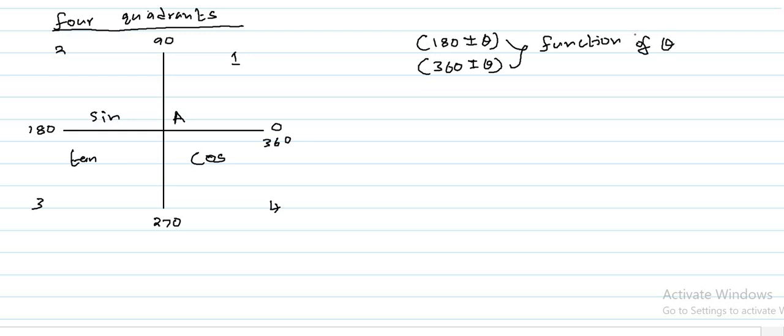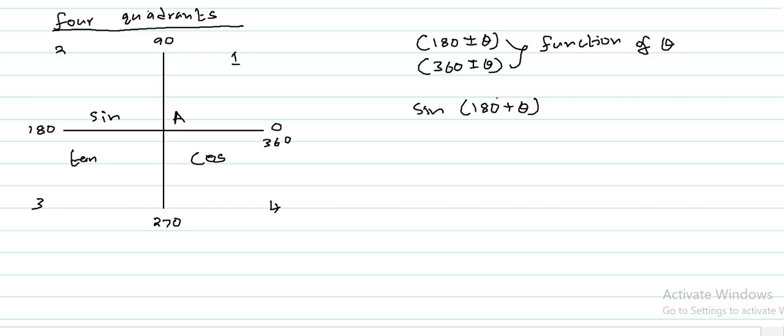Okay, I'll explain more on the reduction formula part. So what are they saying? They are saying that when you see, for example, the sine of 180 plus theta, what you need to check is which quadrant you are looking at.